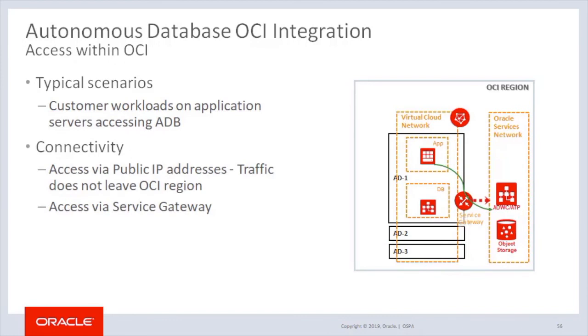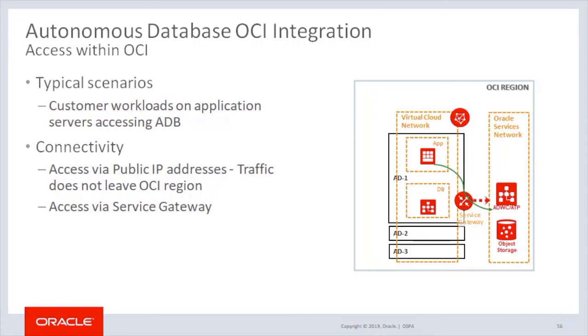For workloads that have both an application server and an autonomous database in the same Oracle Cloud Infrastructure region, for example, a web-hosted application on OCI infrastructure that accesses data in an autonomous database, access between the two is done through the public IP address of each service.